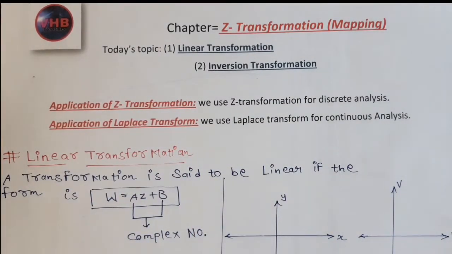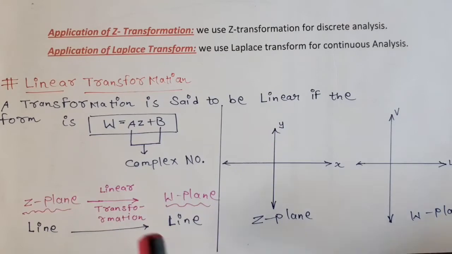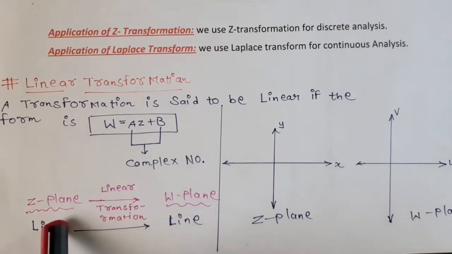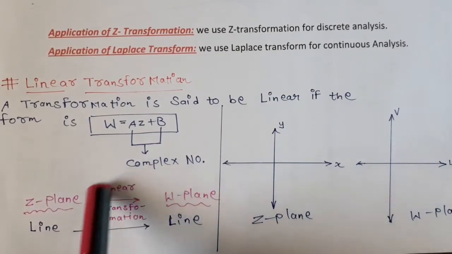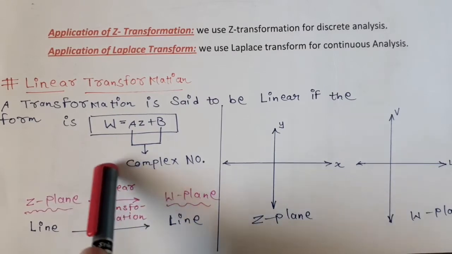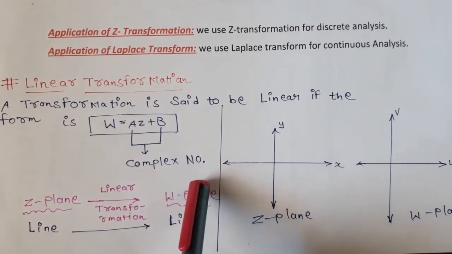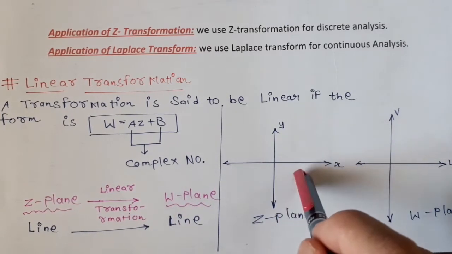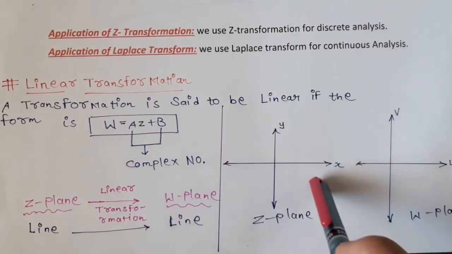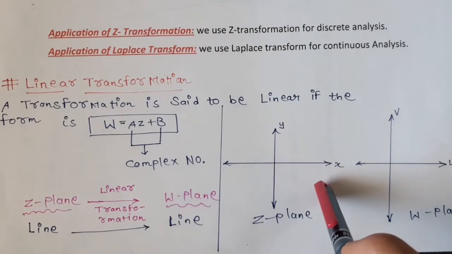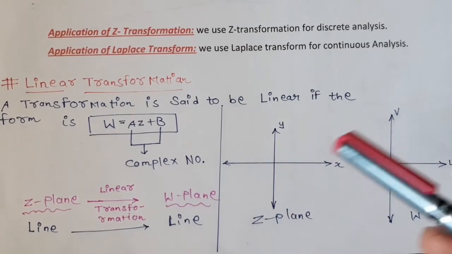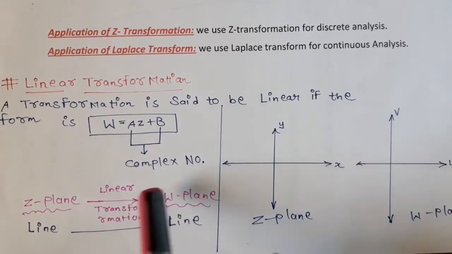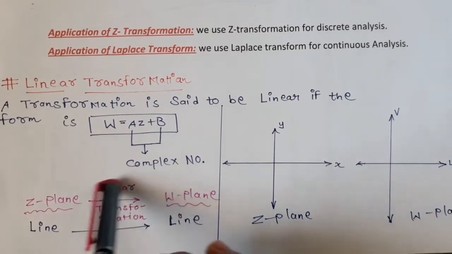Now in linear transformation, in the question an equation of a line in the Z plane is given. Then by using a linear transformation we can convert that line of the Z plane into a line of the W plane. That means if the equation of a line is given in the XY plane and we have a line which intersects this way, that line will be converted into the W plane by using the linear transformation.